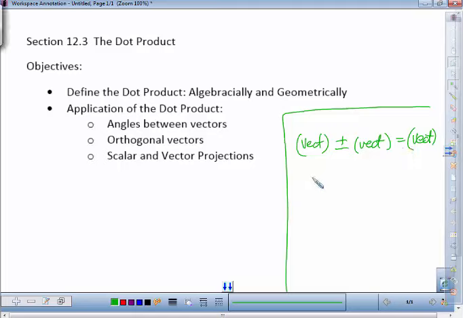And then we talked about scalar multiplication when we have a scalar multiplied with a vector, and then we get another vector. I don't know if people would necessarily call this a true multiplication when we're talking about vector operations, because it's combining two different things.